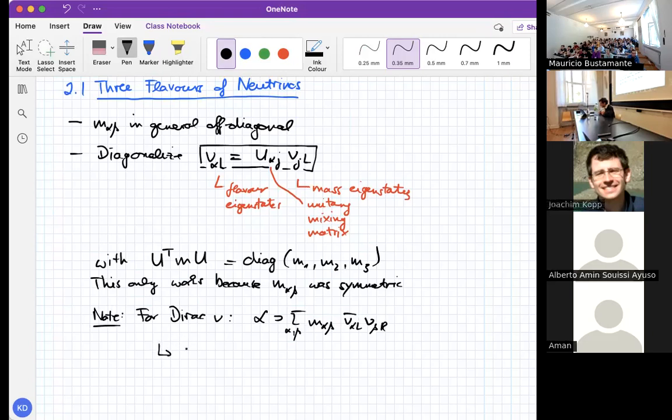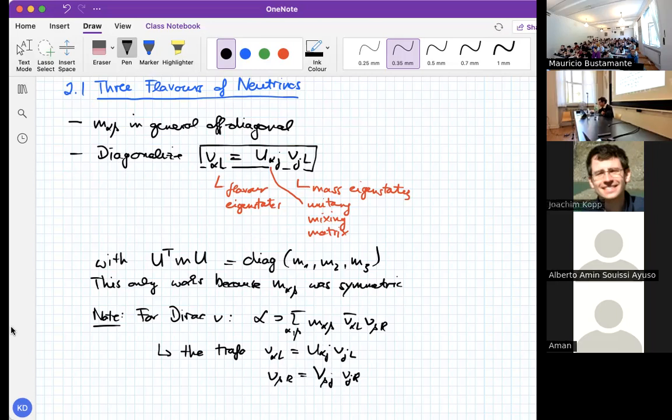And then the transformation to get this diagonal was nu alpha left equals U alpha j times nu j left. And then we need to do a separate rotation for the right-handed fields. Let's call that matrix V: nu beta right equals V beta j nu j right.